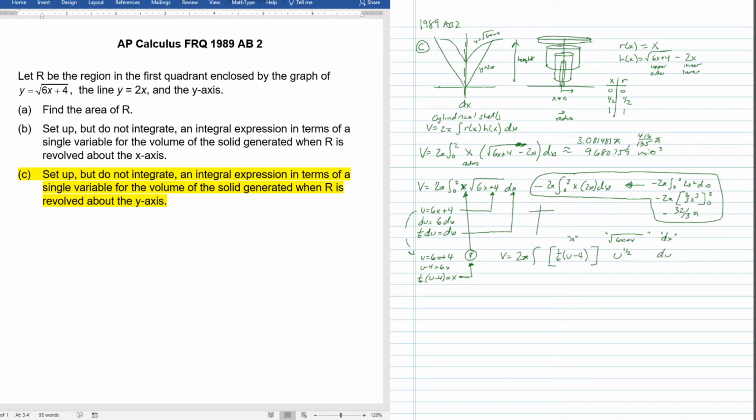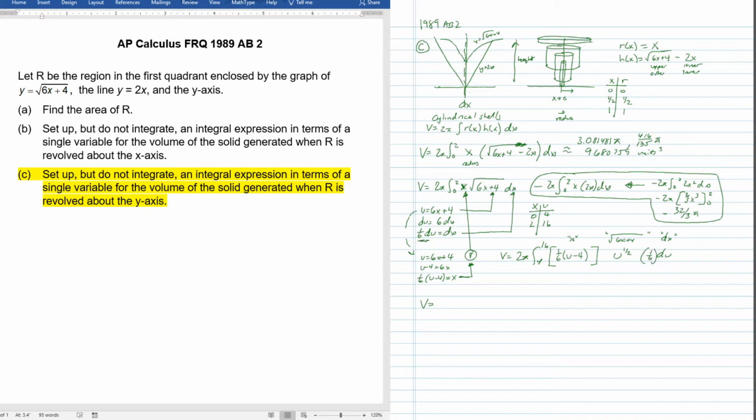The only thing I would need to figure out are what my new limits are, and that's not too hard. The new limits would be 4 and 16. So, if I rewrite this problem, which I'm going to write over here, I'm going to move everything. Oh, I forgot a very key piece. My du, I would also need to have a 1/6 in front of that as well.